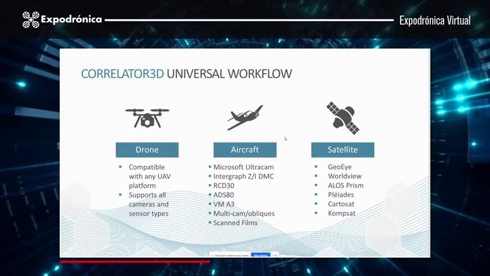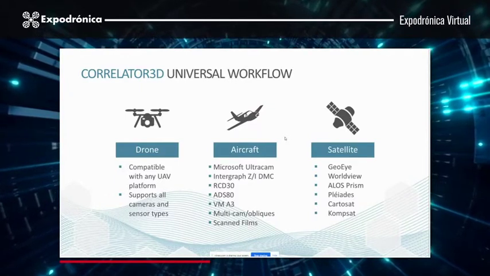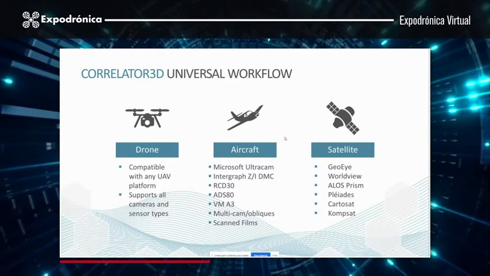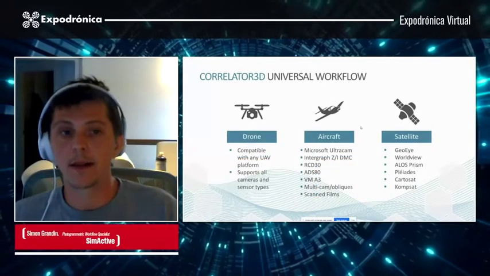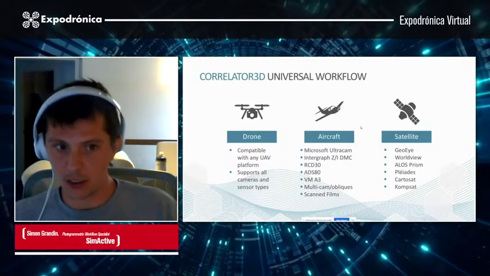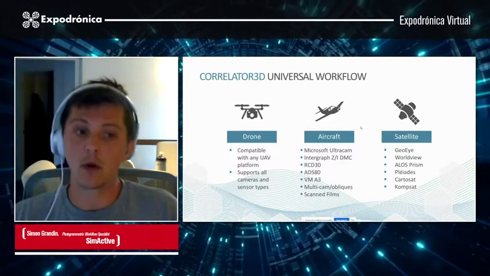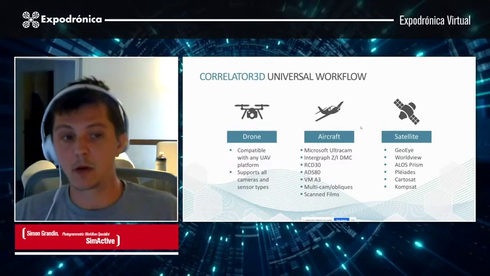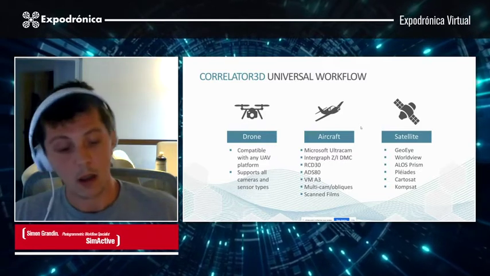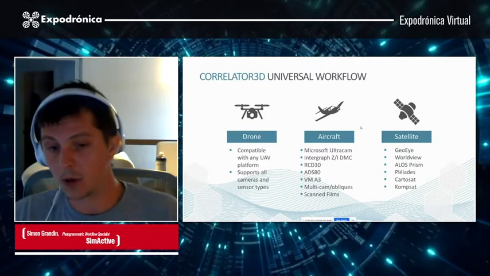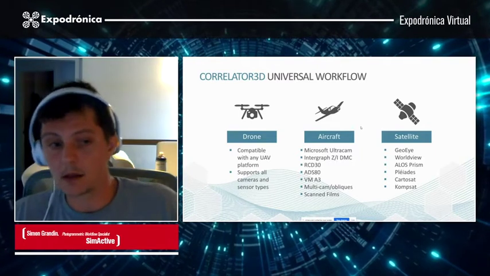So here's a bit of information about our product, Correlator 3D. Correlator 3D is a universal workflow. It's a modular architecture which works with drone data. We're compatible with any sort of UAV platform and any sort of UAV camera, also multispectral cameras that have many bands.